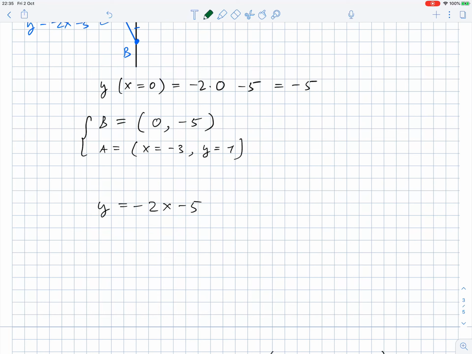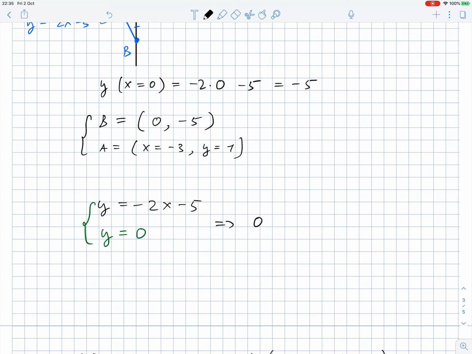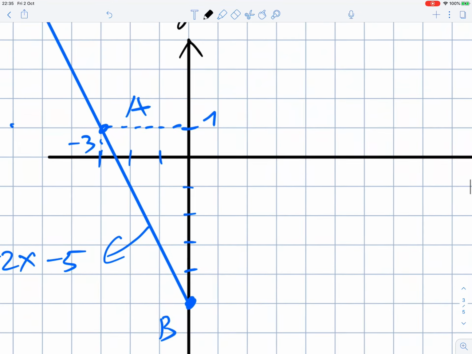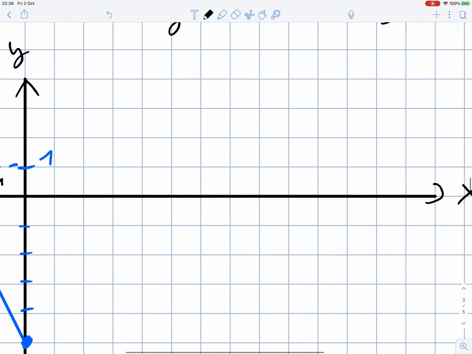To find our second crossover point, we use y equals 0, and therefore we have 0 equals minus 2x minus 5, and we have x equals minus 5 divided by 2, minus 2.5. If this is minus 1, minus 2, this point is minus 2.5. This is your second crossover point between the linear function and the x-axis.